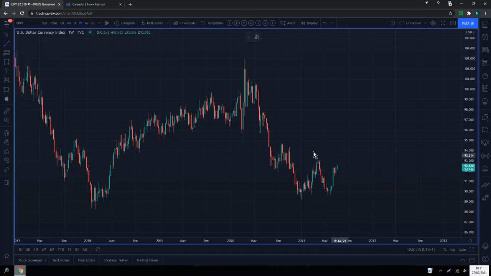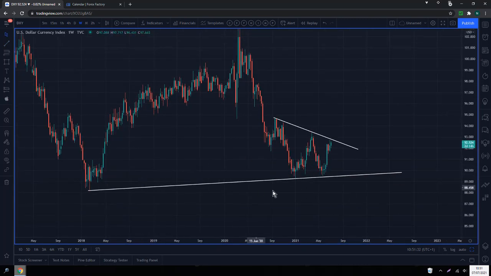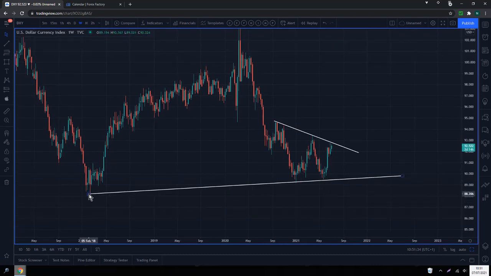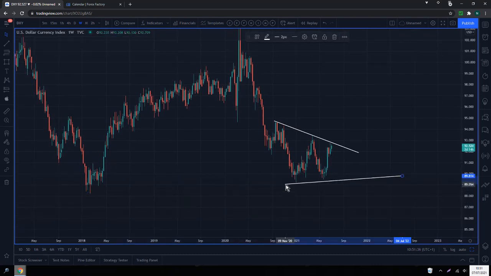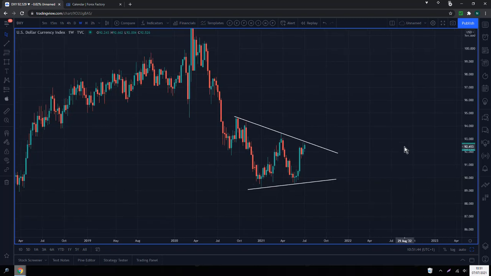I can see this trend line coming down here, this trend line resistance. I can also see, connecting this low and these lows, there's a bit of support there. In fact, I'm just going to readjust that and just connect these lows here. Okay, this to me can be a couple of things happening. This is what I'm looking at.